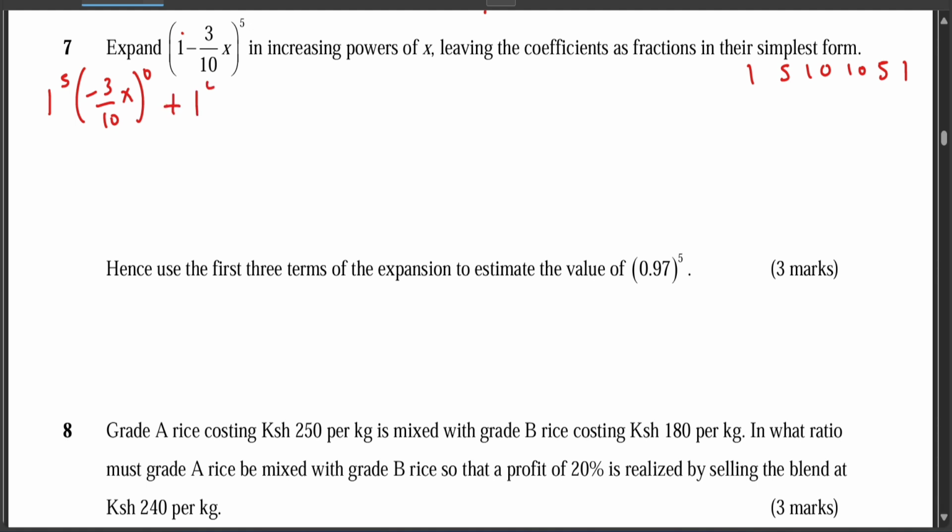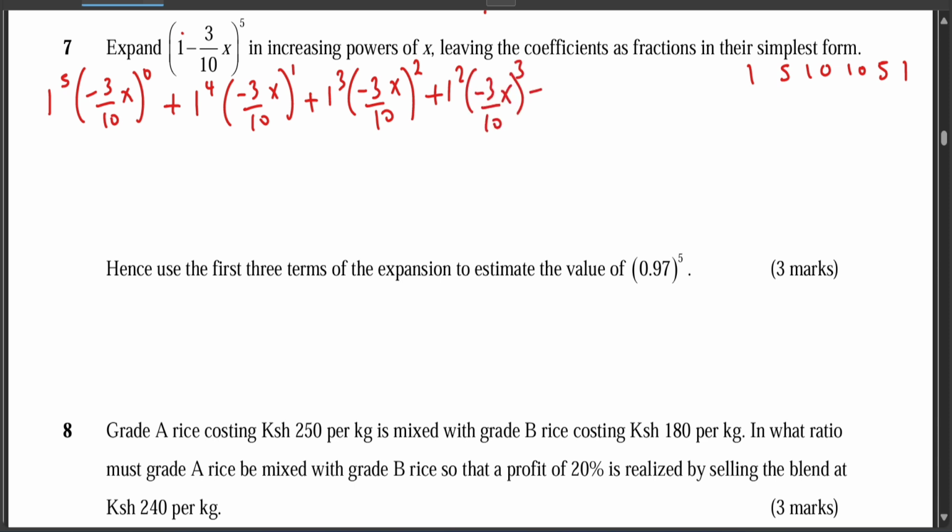So 1 to the power 4, negative 3 over 10 x to the power 1, then plus 1 to the power 3, negative 3 over 10 x to the power 2, then 1 to the power 2 times negative 3 over 10 x to the power 3, then 1 to the power 1 times negative 3 over 10 x to the power 4, and the last one is 1 to the power 0 multiplied by negative 3 over 10 x to the power 5. Now when you open this up, it's usually very easy.